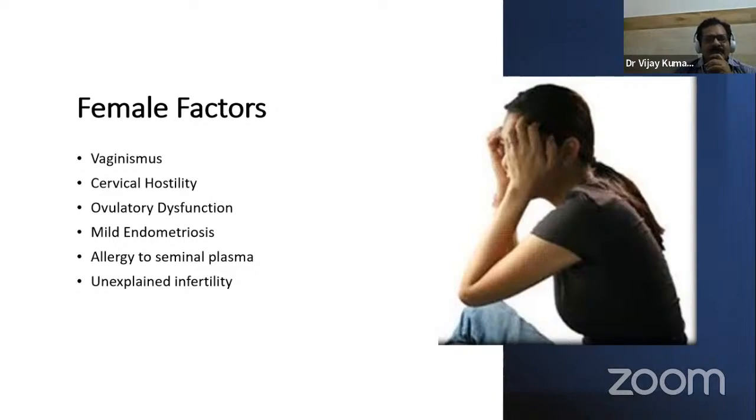So, again, in ovulatory dysfunction, ovulation induction with IUI would be the most appropriate. That's why in mild endometriosis, ovulation induction and IUI is done. Coming to the other reasons, allergy to the seminal plasma. This is also not that commonly seen, and again unexplained infertility.